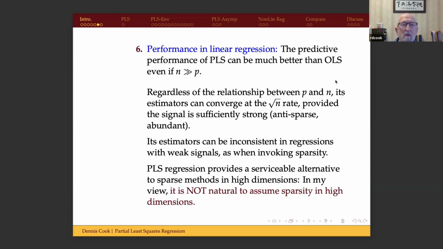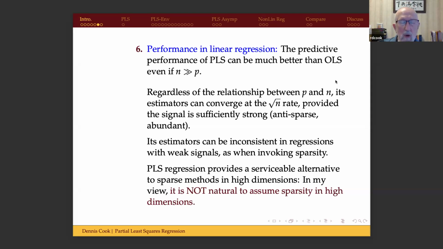One of the things I like about this sort of dichotomy is that partial least squares regression provides a serviceable alternative to sparse methods in high dimensions. Over the past couple of decades, statistics has really climbed on the bandwagon of sparsity.